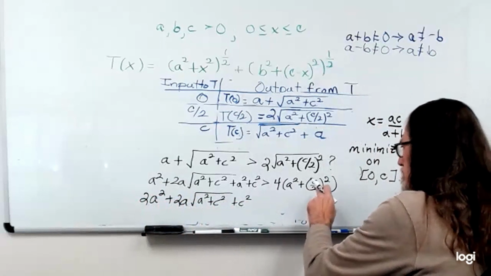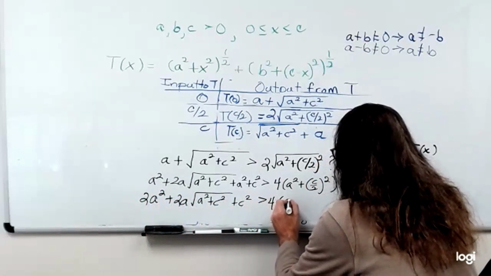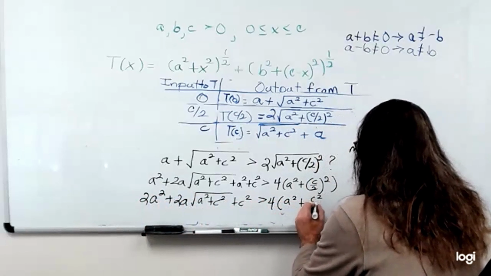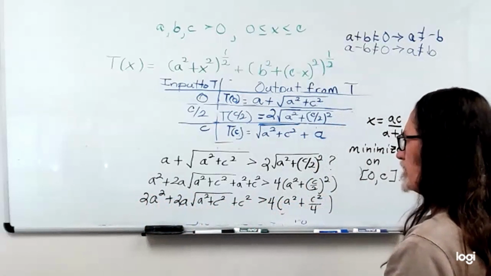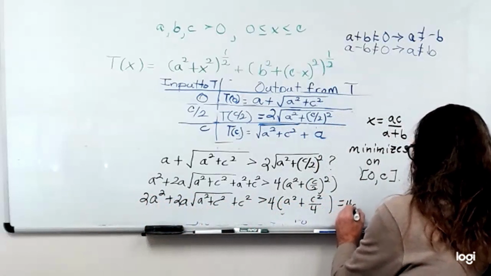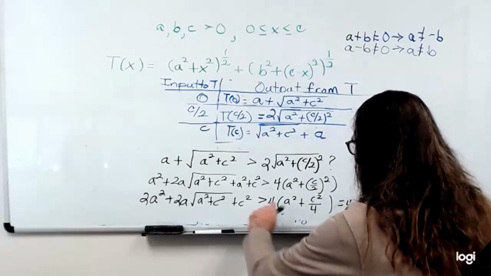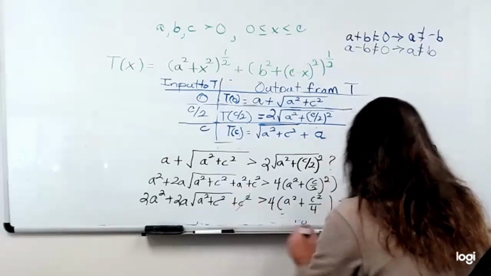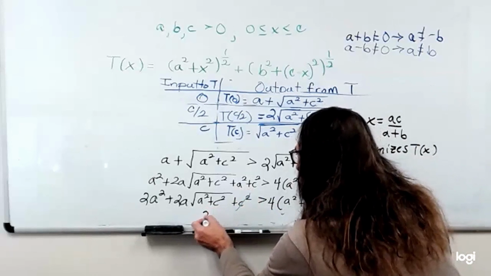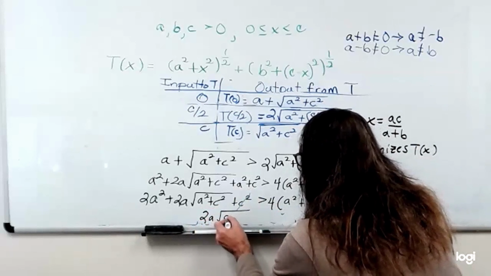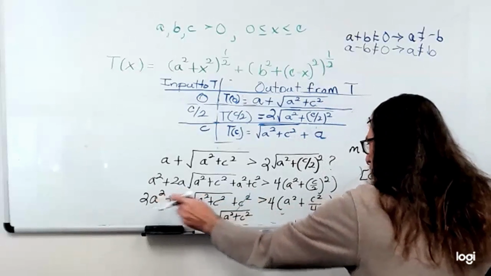And where the c over 2. Distribute the 4. Cancel our c squareds. Subtract 2a squared from both sides. Subtract 2a squared.